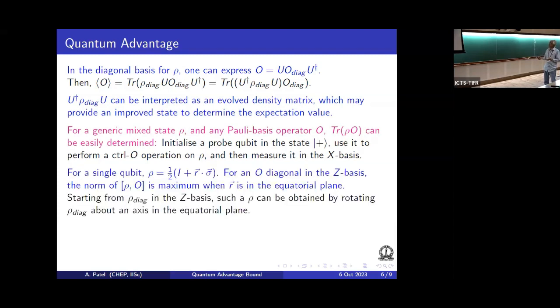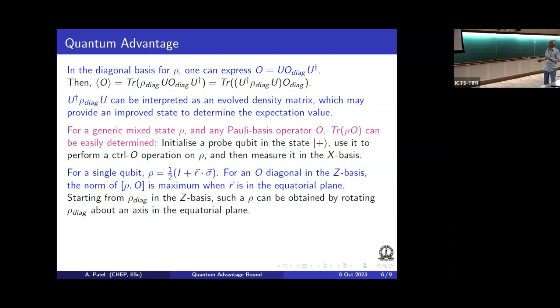The problem now can be explicitly described, and the simplest example is that for 1 qubit. I can take the basis for measurement of the O as the Z basis, and I'm free to play around with the density matrix.